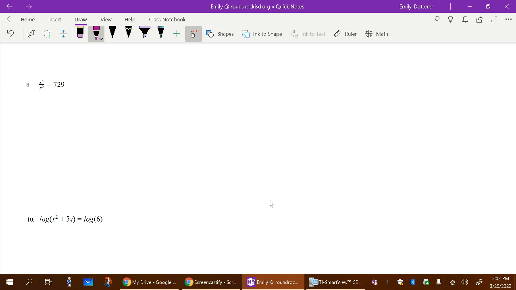Number 8, that's the quotient rule. So we subtract the exponents. 5 minus 2 is 3. Take the square root or cube root of both sides.